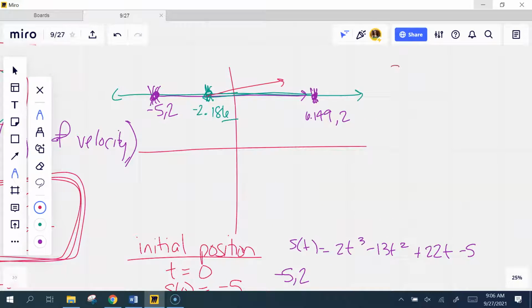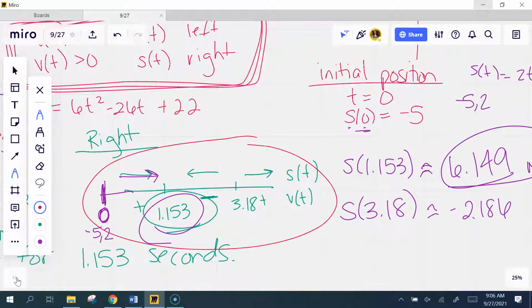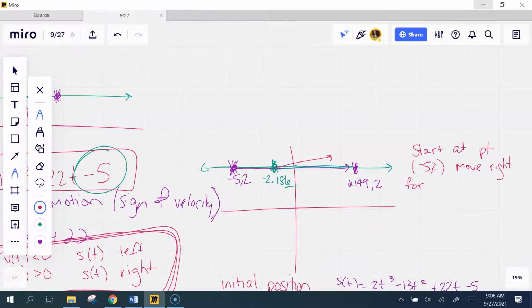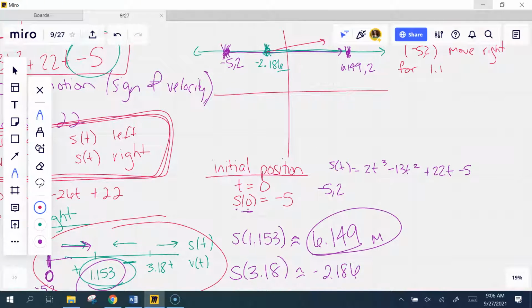So now could you describe that in words? So I start at the point negative 5, 2 and move right for how many seconds? Notice the difference in this and this. Okay, so I move right 1.153 seconds and stop at the point.